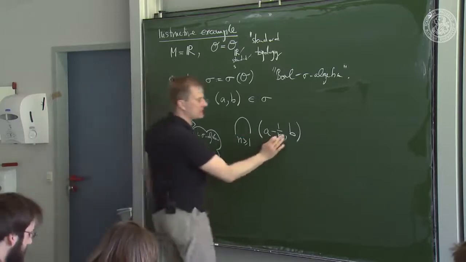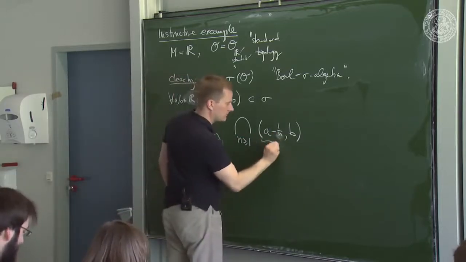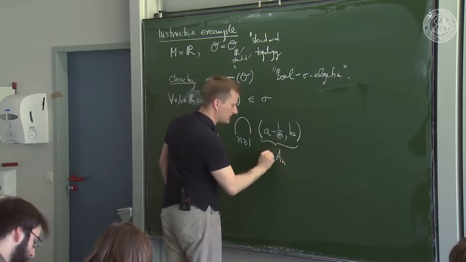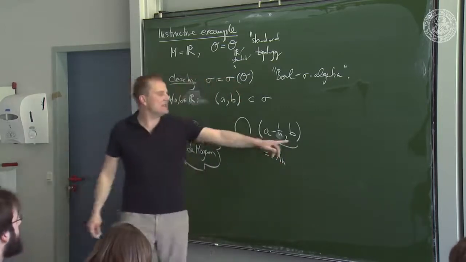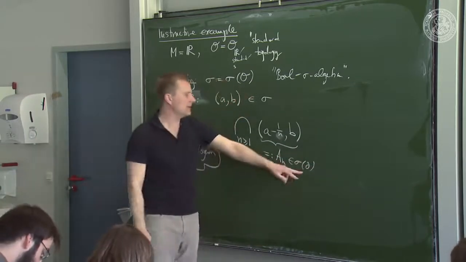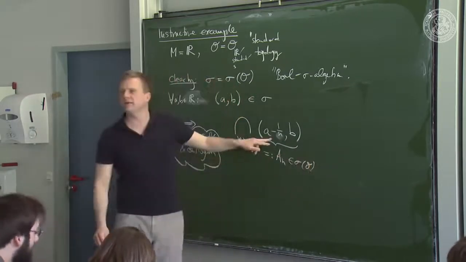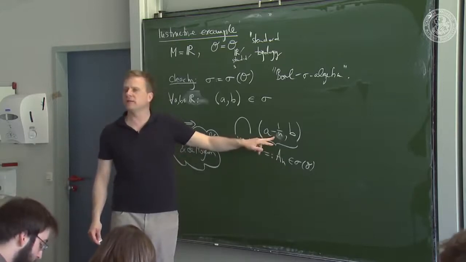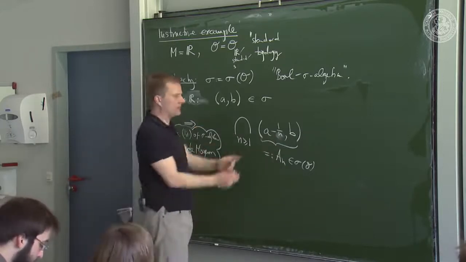So this would be my set A_n. My set A_n is defined like this. It's clearly measurable. It's in sigma of O. Why? Because every A_n is an open interval for any n greater or equal to 1.